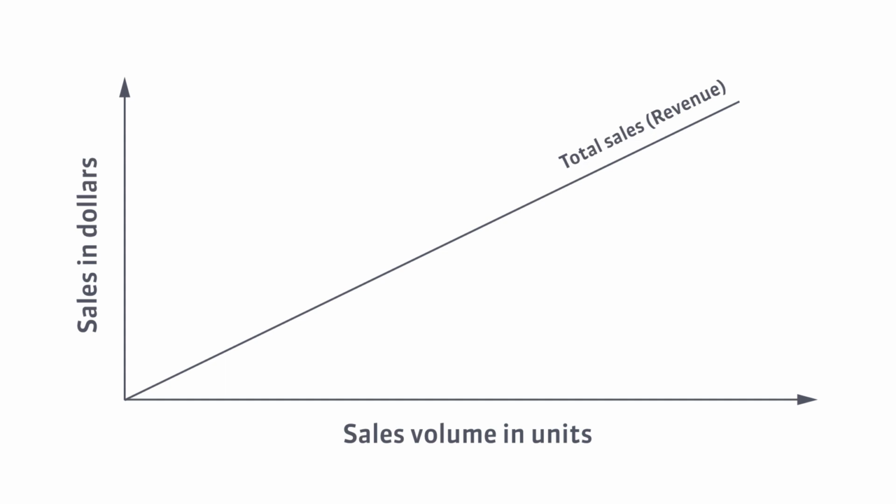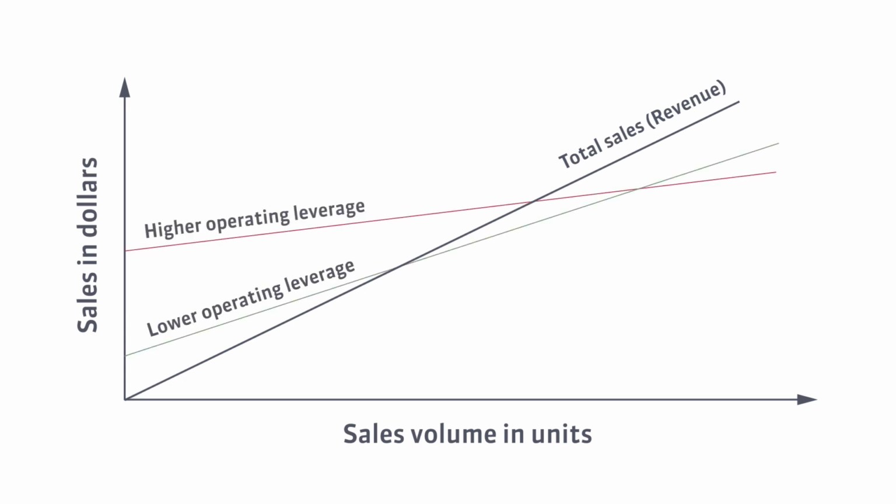In a CVP graph, operating leverage corresponds to the slope of the total costs line. The more horizontal the slope of this line, the greater the operating leverage.